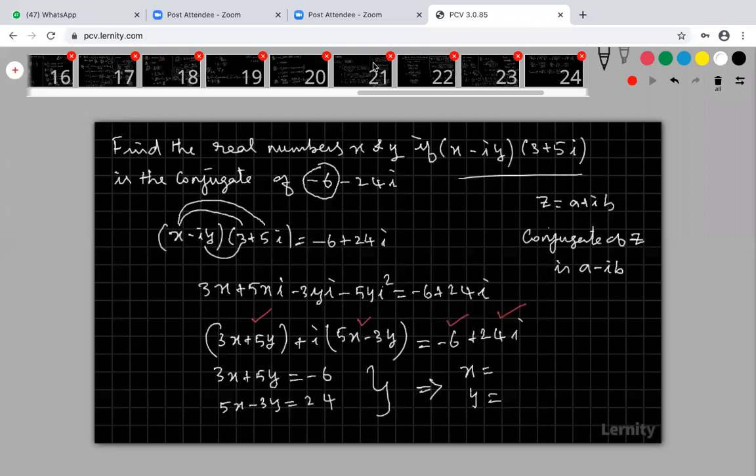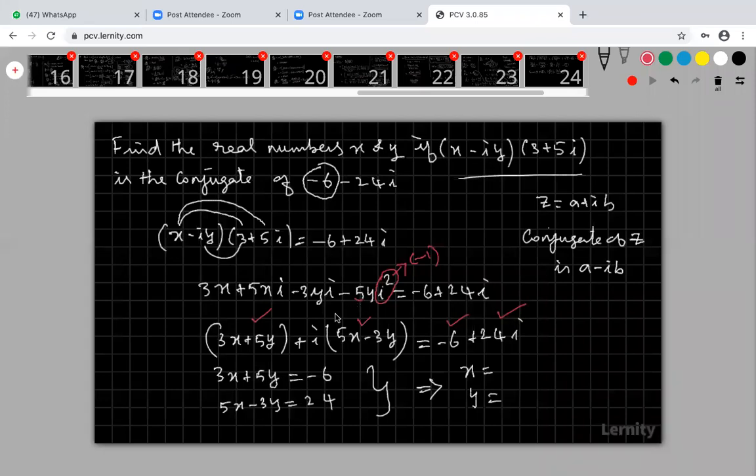Real equal to real. Correct, Monisha. Please solve. No i means that is the real part. Here, my dear student, my i square is minus 1. So 5y into minus 5y into minus 1 will become 5y only.